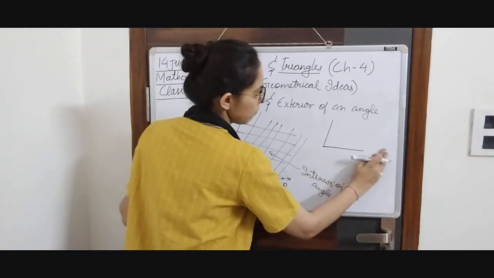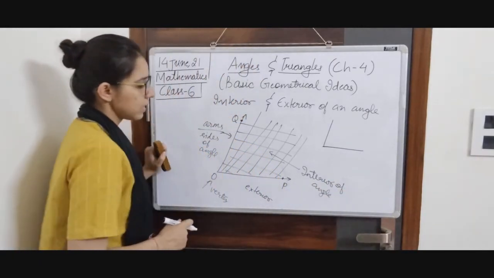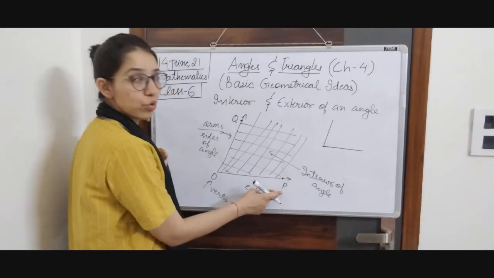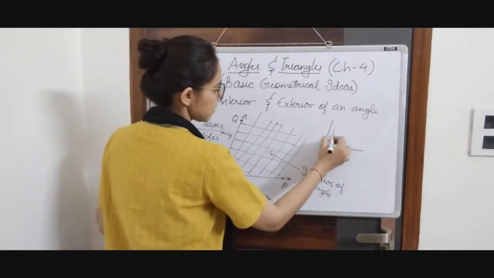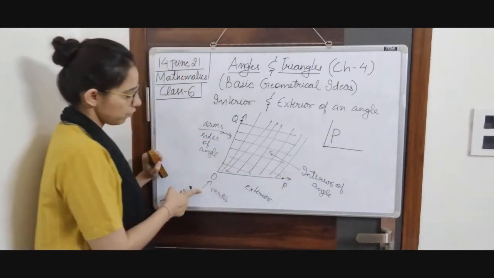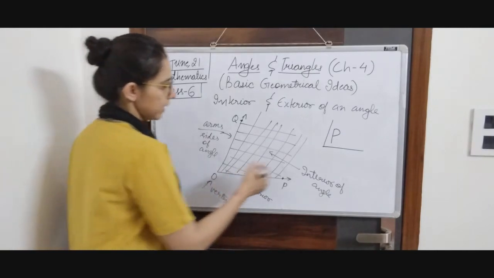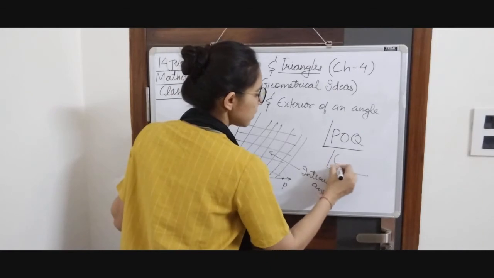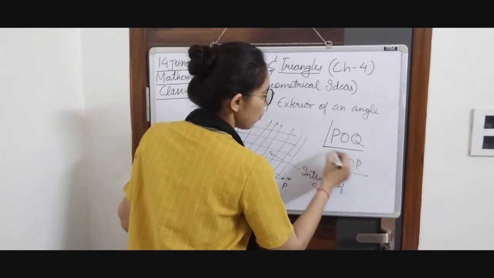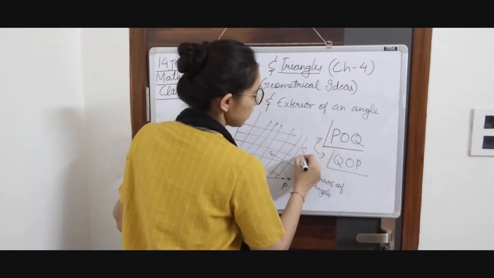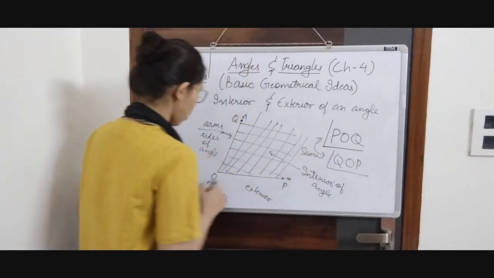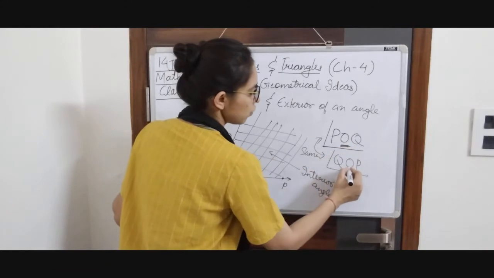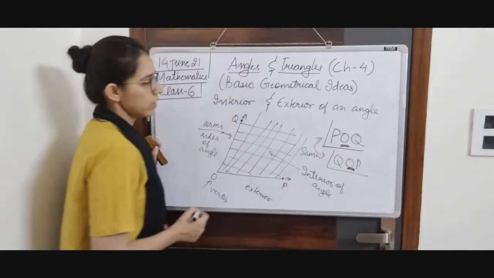Then we start with a point on the ray, it is P. Then we write the common vertex, that is O, and then Q. We can write this as QOP also. Both mean the same thing, but the common vertex should come in between.